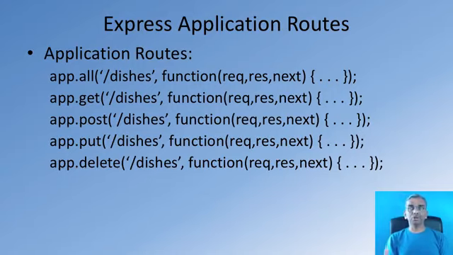Whatever is specified in the function given for app.all will be applied to all the incoming requests. The app.get specifies what needs to be done for get requests, and correspondingly for the post, put, and delete requests, which are sent to the /dishes endpoint as shown in this example.